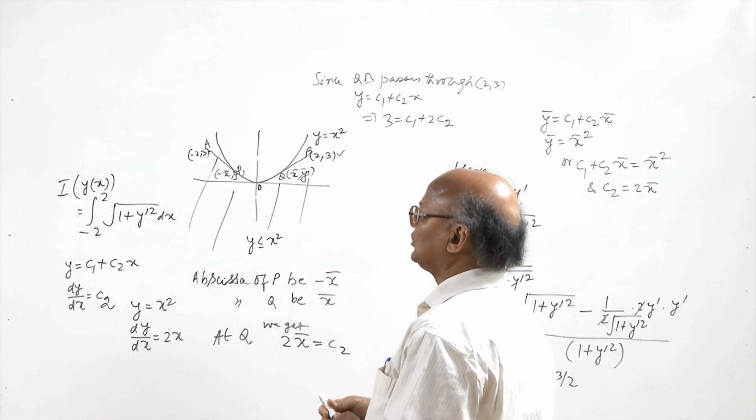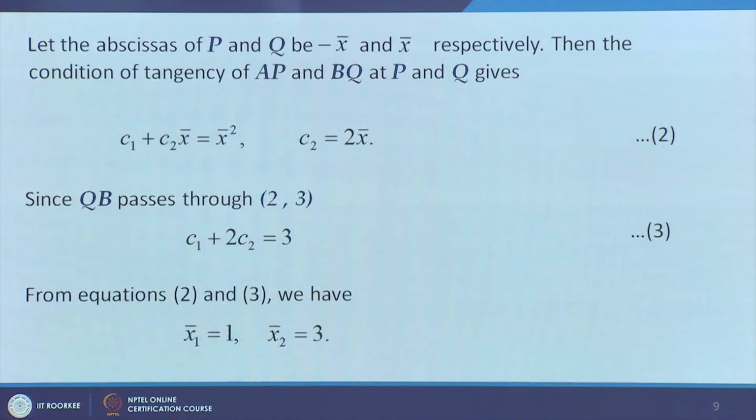Now from this equation and this equation, C1 plus 2 C2 equal to 3, we can put x bar equal to C2 by 2 and then simplify.